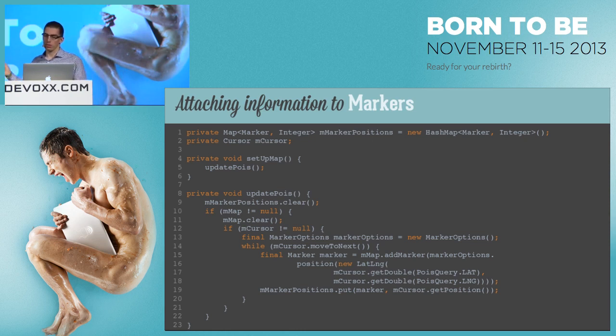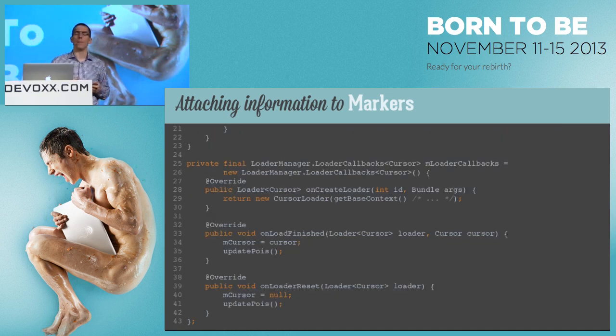So the rest of the code is quite boring and boilerplate. If you use loaders and loader manager, you have to implement loader callbacks and implement the three methods. The first one, onCreateLoader, will create your loader, cursor loader. OnLoadFinished will be called when the framework has finished loading the cursor.